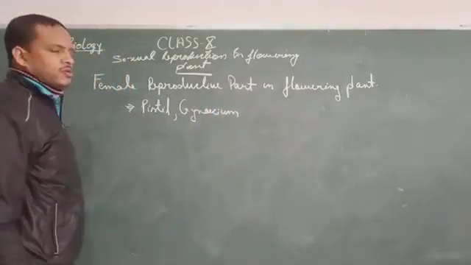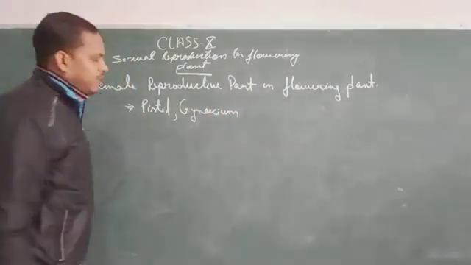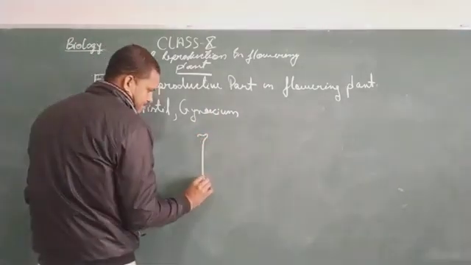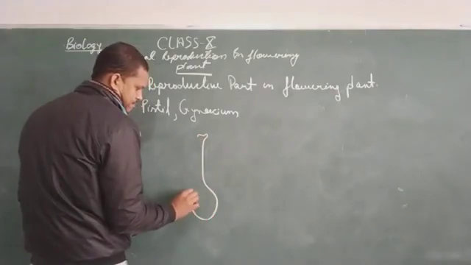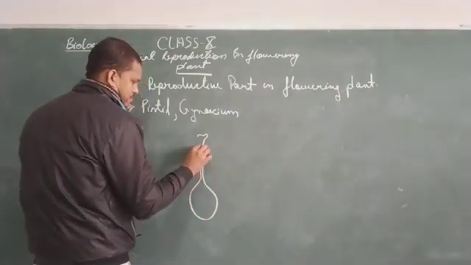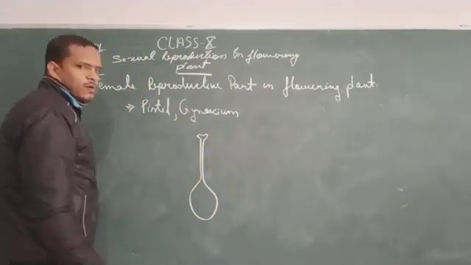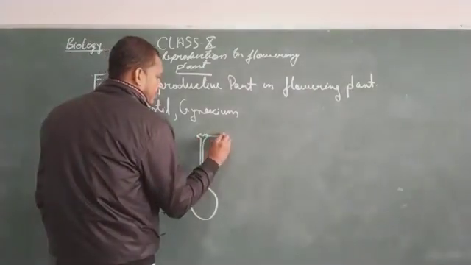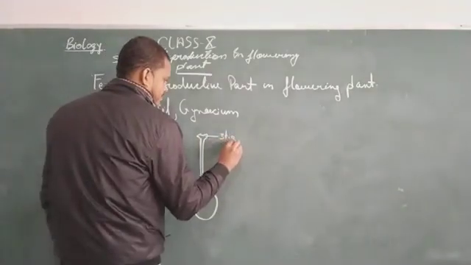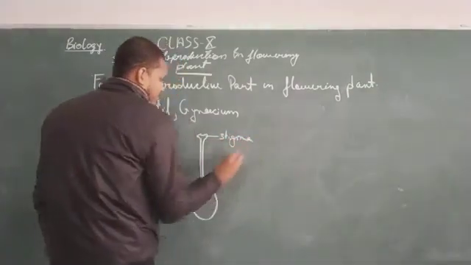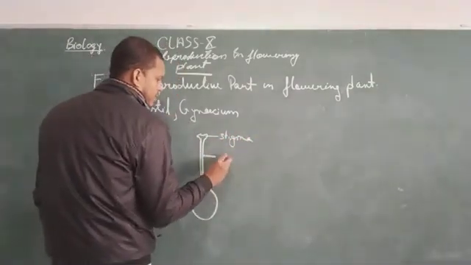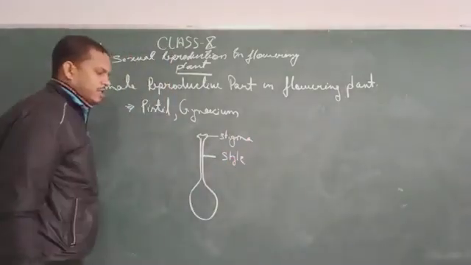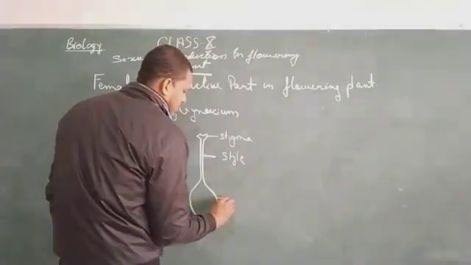So when we are going to draw the structure of the female reproductive part, it is something like this. This top region is known as stigma. This elongated region is known as style. Stigma, style. This is your ovary, the swollen part.